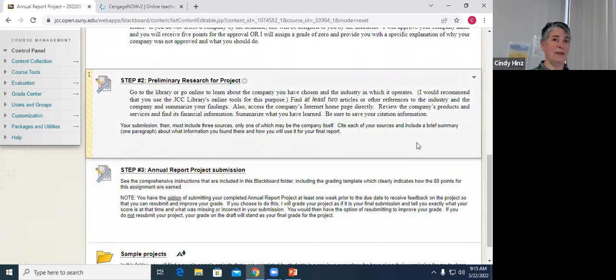It has to be a static document that can't be changed after you submit it, because otherwise, I think you all get this, there's nothing to prevent you from submitting a link and then going in and working on the project over the next few days or however long until I review it. So it needs to be a static, unchangeable document that is submitted, not a link to a document that you control. Make sense?